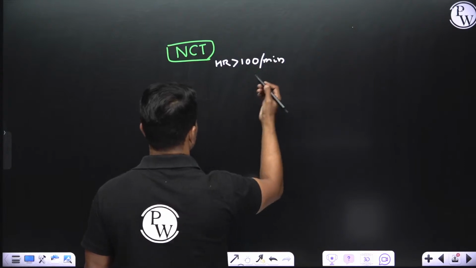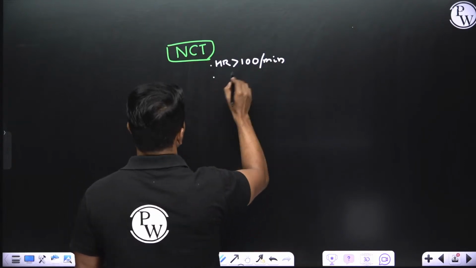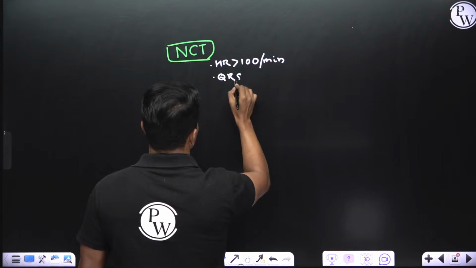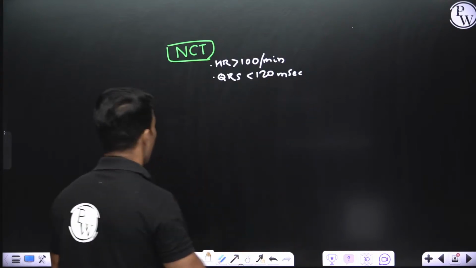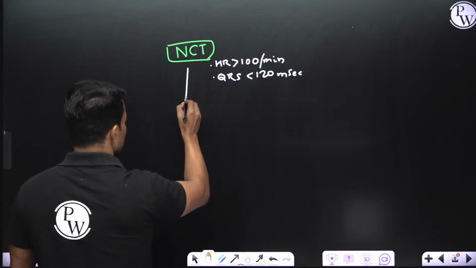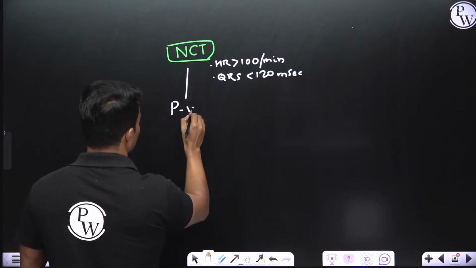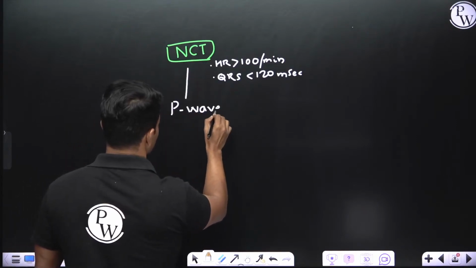That is where I call it tachyarrhythmia, and QRS duration is less than 120 milliseconds. Okay. So in such cases, the first thing I should see is what is happening to the P wave.